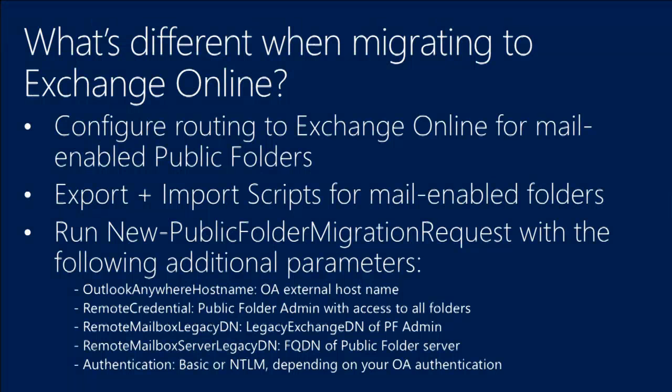The key difference is, of course, you have to have a route for your email-enabled public folders that points to Exchange Online. Secondly, your sync in a hybrid deployment does not support email-enabled public folders. So there are 2 extra scripts you need to run, the export-import scripts mentioned on the second line here. You export all the SMTP addresses of your mail-enabled public folders, and you import them in the target to mail-enable them and make sure they accept the email addresses.